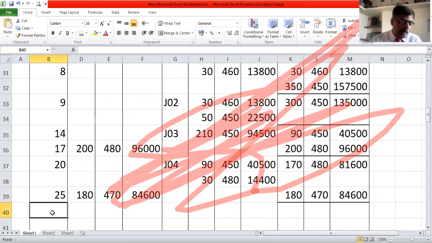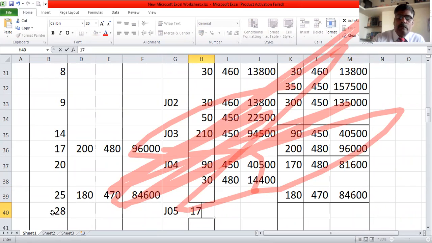Then on 28th issue is there, you put underline and take the issue. Date is 28. Issue job number 5. Quantity to be issued is 280. So you give 170 from the first lot. 170 at the rate of 480, that is 81,600.